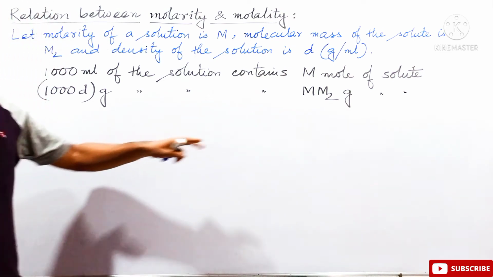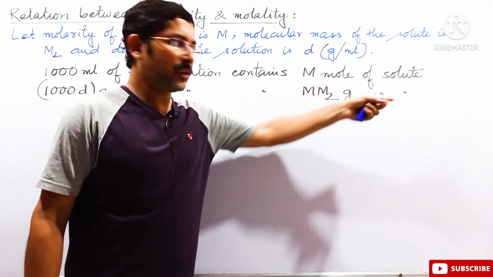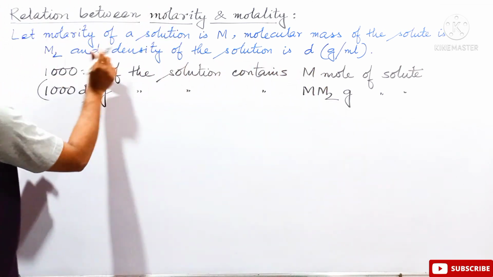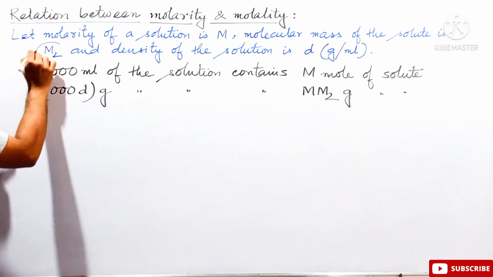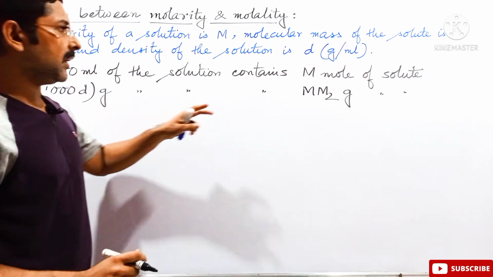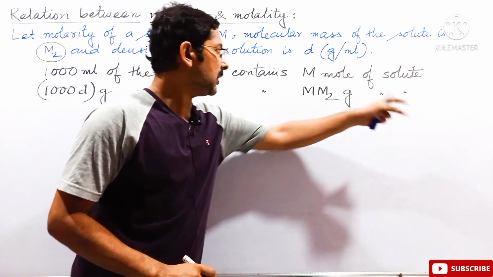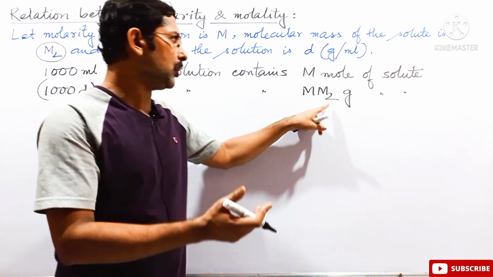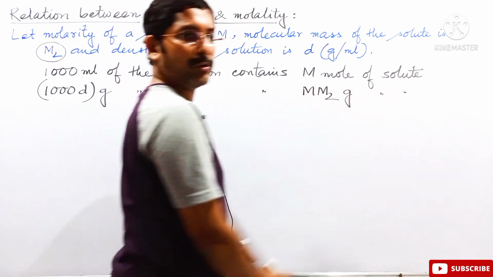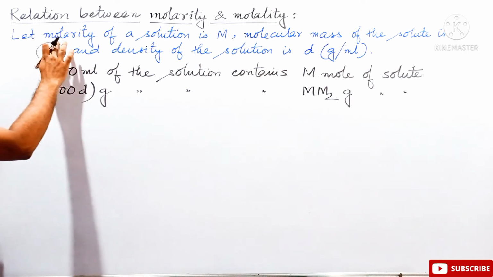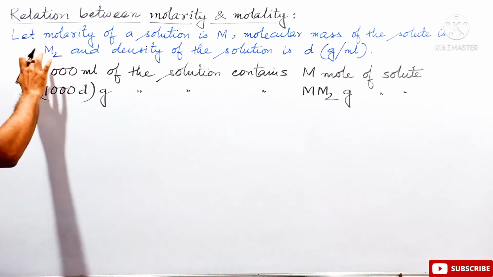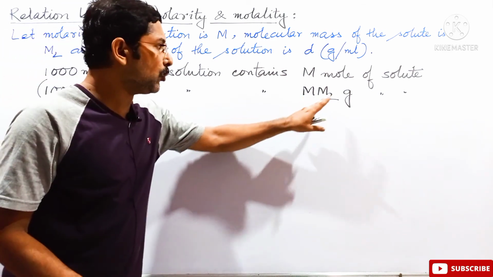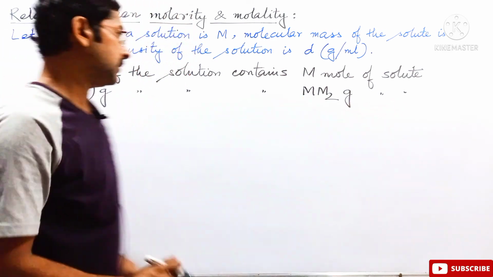This M is the number of moles of solute. If we multiply this number of moles by the molecular mass of the solute, which is M2, we will get the mass of the solute. So 1000 D gram of the solution contains M into M2 mass of the solute.